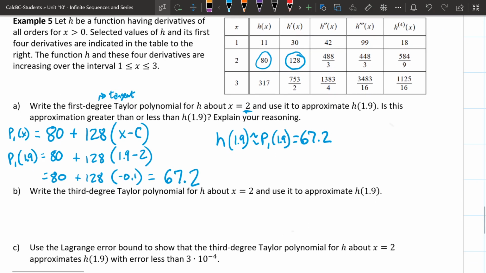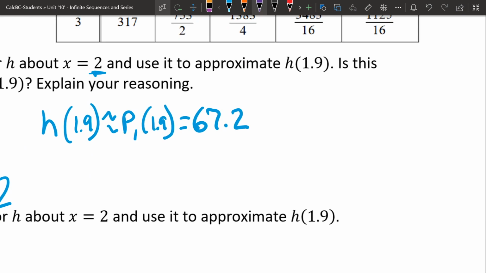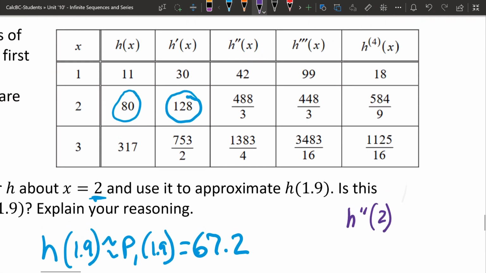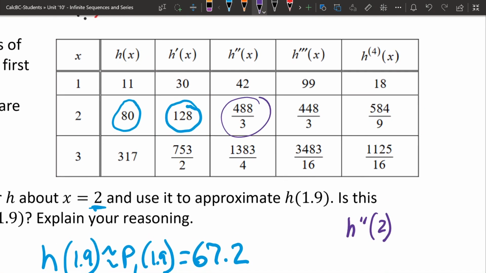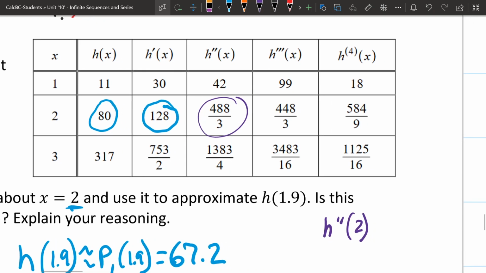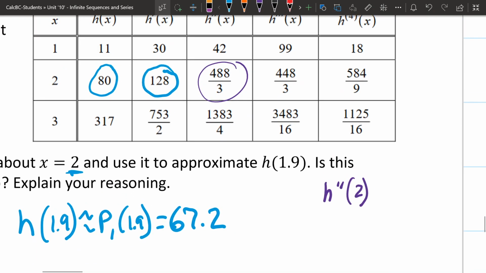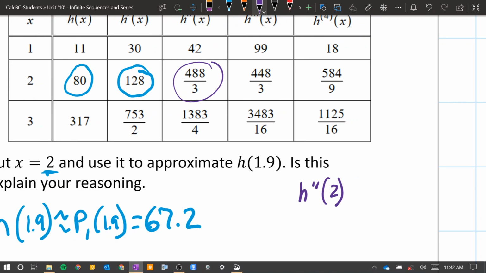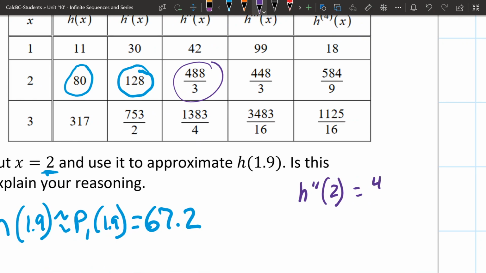So second derivative, let's come over here, h double prime at that center is positive. It doesn't actually matter what that value is. All these values are positive. So that 488 over 3 is indeed positive.